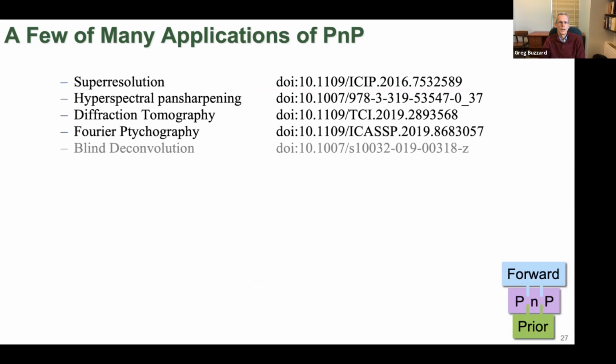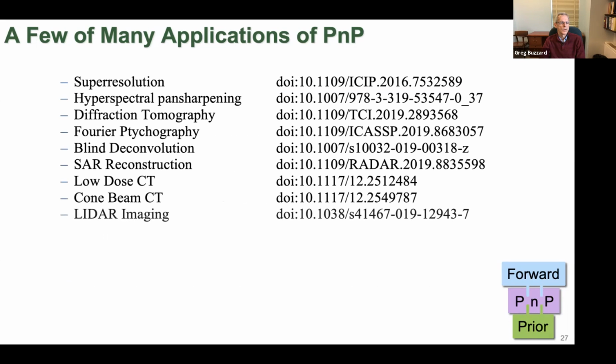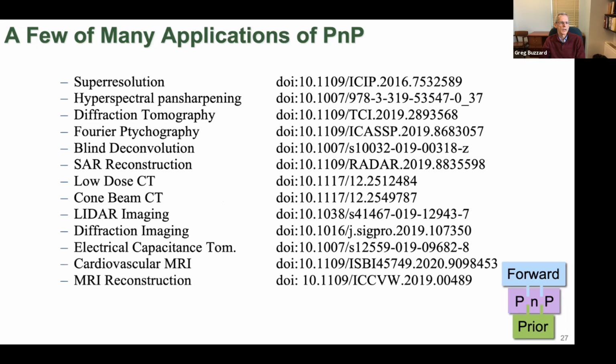And it's been applied in many applications: super resolution, tomography, Fourier ptychography, which we'll talk about a little bit more, et cetera. So it's found pretty wide use in a variety of natural image and scientific applications.